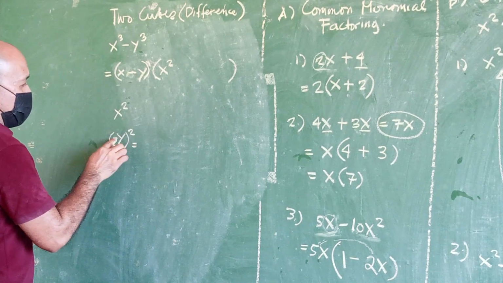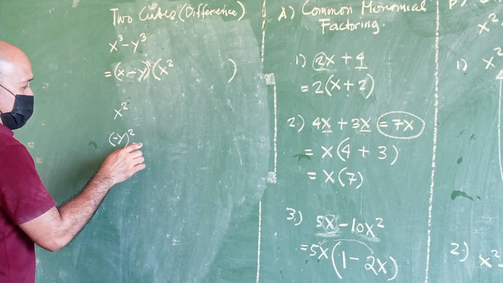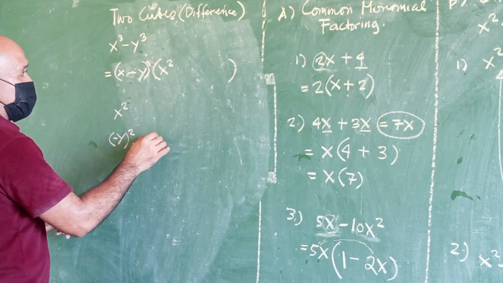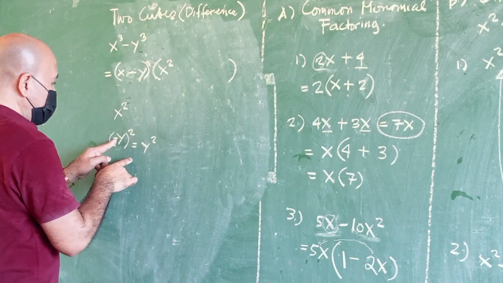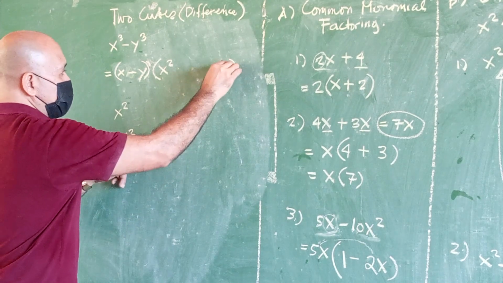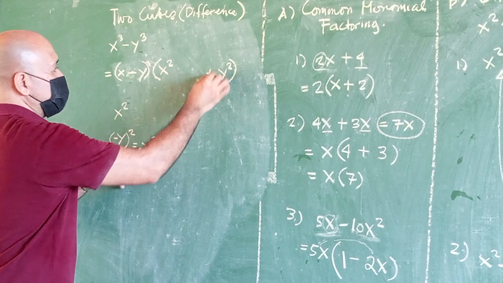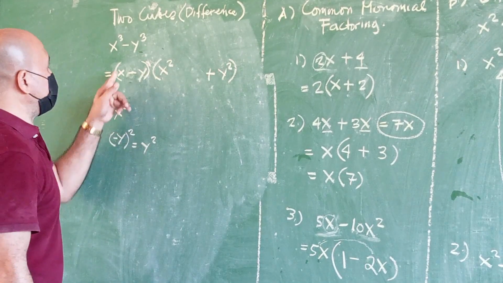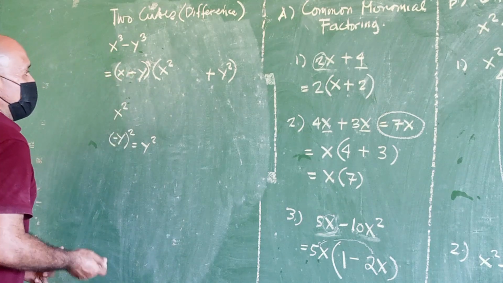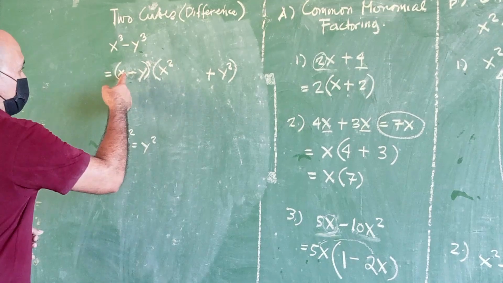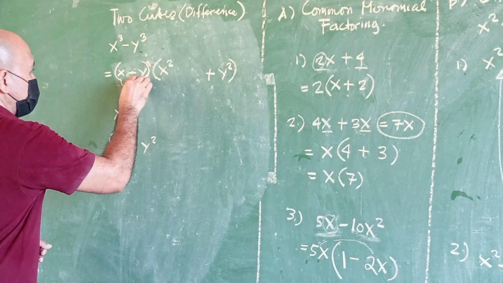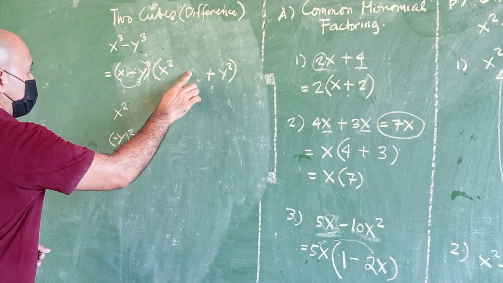When you square negative y, the result is automatically positive, that is y squared. So obviously, negative here becomes positive. So since it is positive, automatic, it is plus. Just remember that one. And after that, you multiply x times y for the middle term.